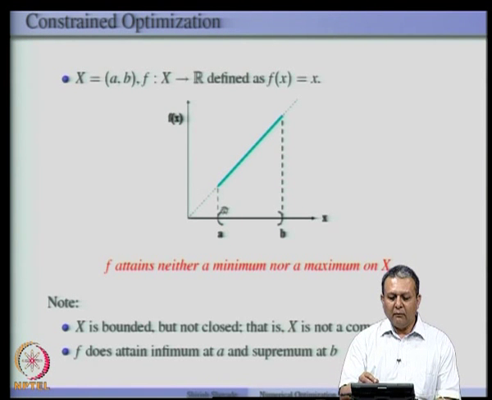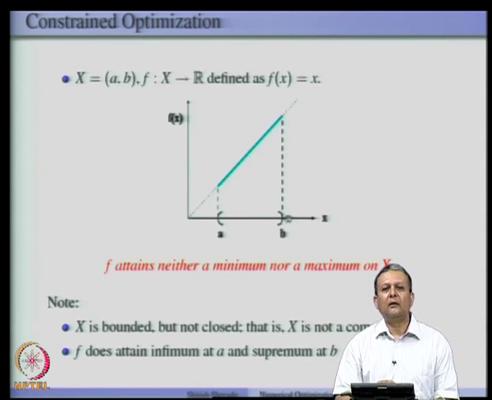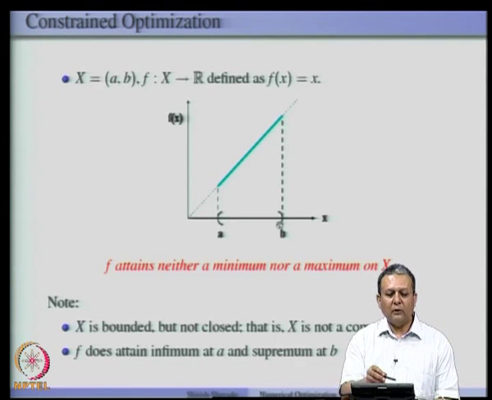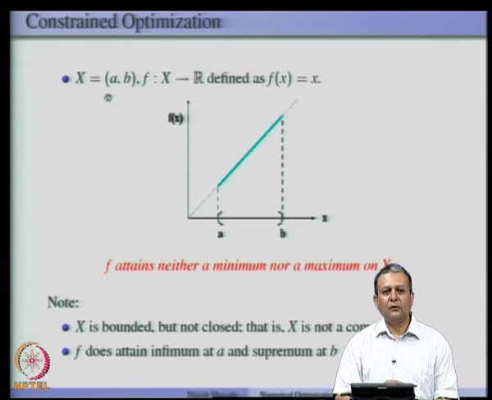The infimum of this function is f of a, which is attained at x equal to a, and the supremum of this function is f of b, which is attained at b. But remember that a and b do not belong to the domain. So, we cannot say that a minimum or maximum is attained, but in this case the infimum and supremum are possible.